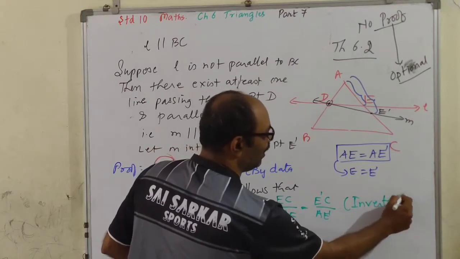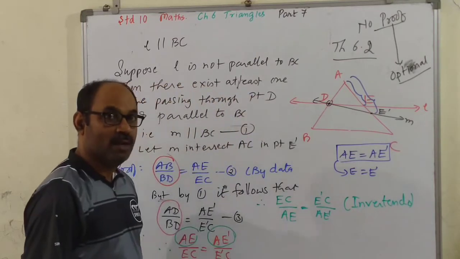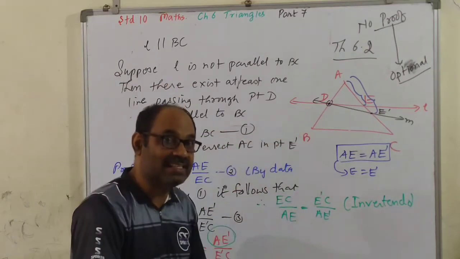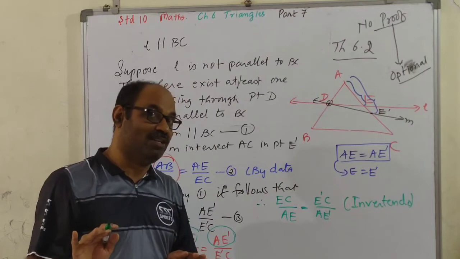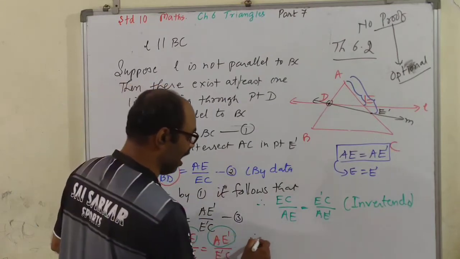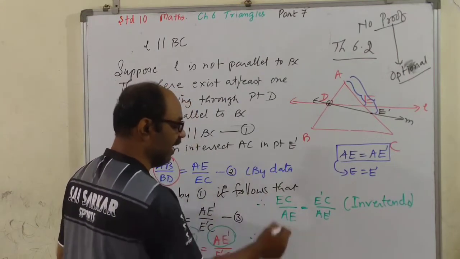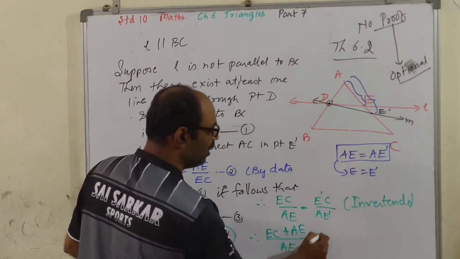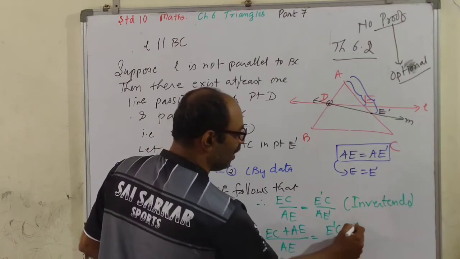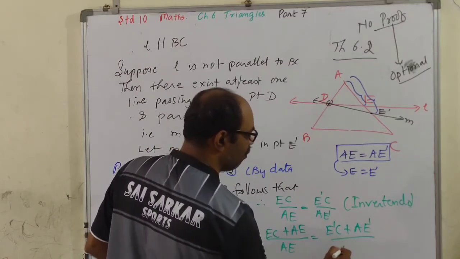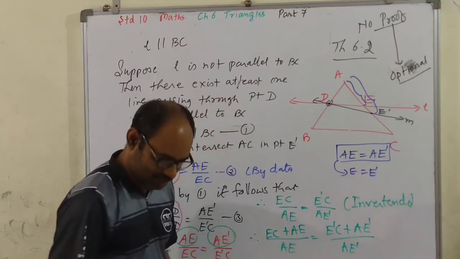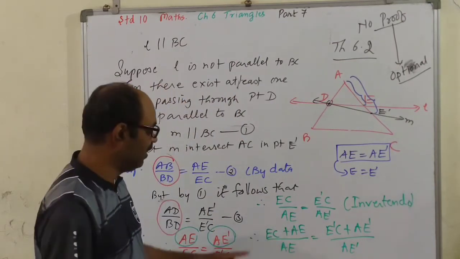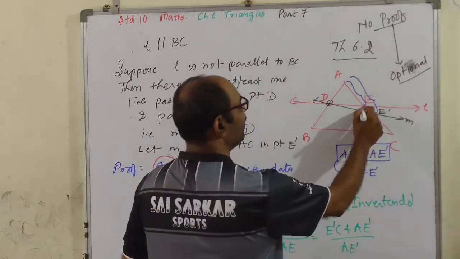You may write invertendo. Now componendo. See now, AE and AE dash are denominators, so they will remain, they won't change. But the numerator will change. Therefore, EC plus AE upon AE is equal to E dash C plus AE dash upon AE dash. Now look what change has taken place in the numerator.